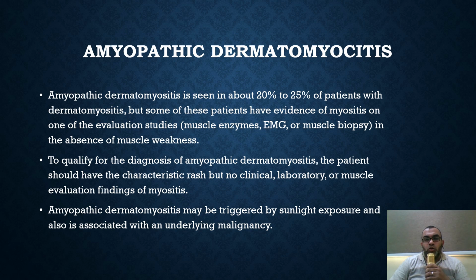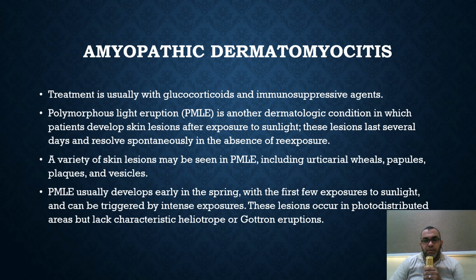To qualify the diagnosis of amyopathic dermatomyositis, the patient should have the characteristic rash but no clinical, laboratory or muscle evaluation findings of myositis. Amyopathic dermatomyositis may be triggered by sunlight exposure and also is associated with an underlying malignancy. Treatment is usually with glucocorticoid and immunosuppressive drugs.